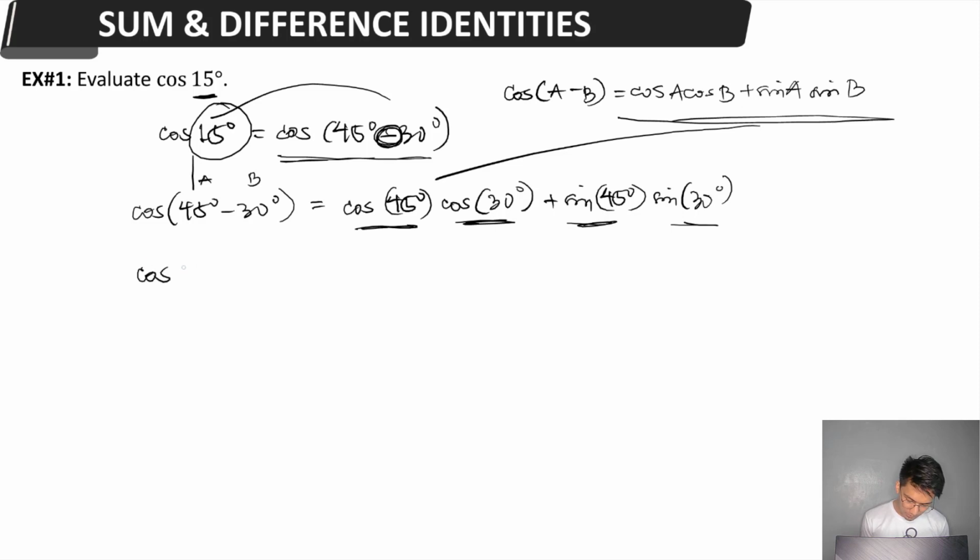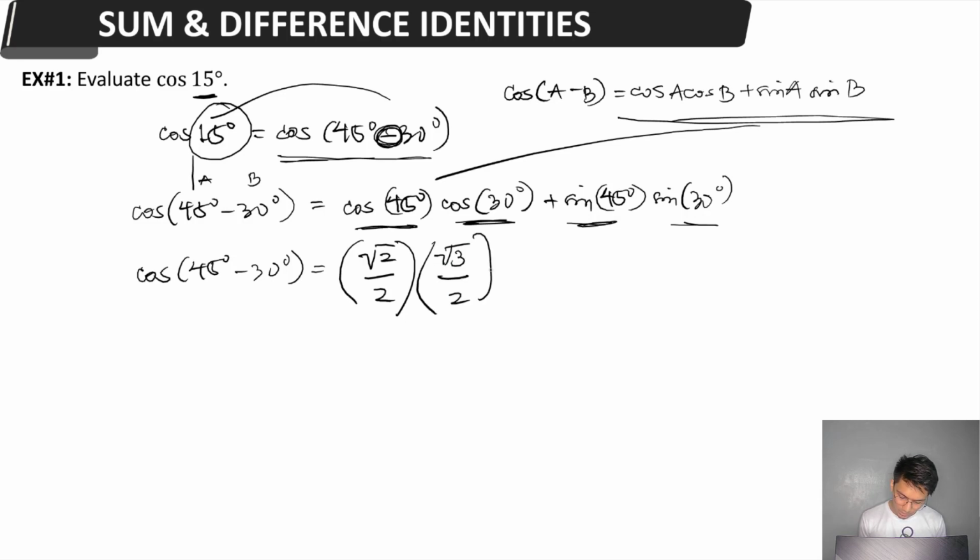Cosine 45 degrees minus 30 degrees is equal to ang exact value ng ating cosine 45 from the table na given, square root of 2 over 2, times the value of cosine 30 na square root of 3 over 2, plus the value of sine 45 na square root of 2 over 2 din, times the value of sine 30 na 1 over 2 or simply 1/2.